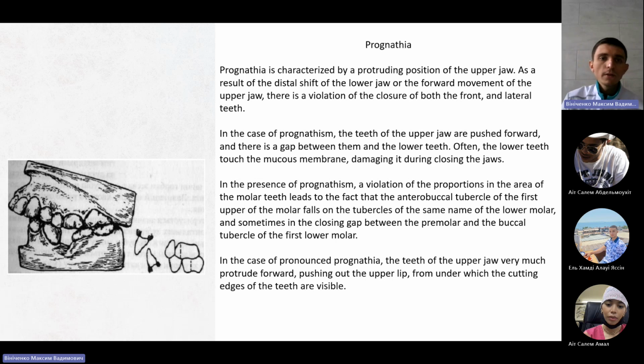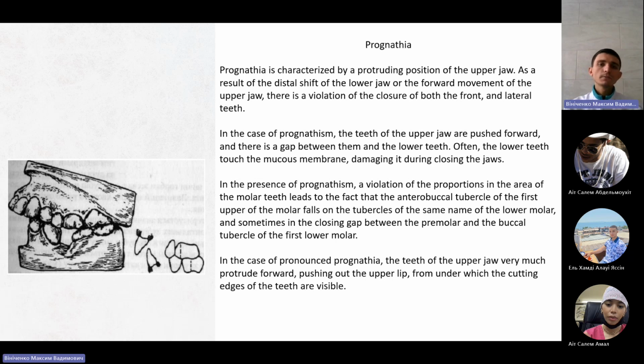In the presence of prognathism, a violation of the proportions in the area of the molar teeth leads to the anterobuccal tubercle of the first upper molar meeting the same-named tubercle of the lower molar, and sometimes closing in the gap between the premolar and the buccal tubercle of the first lower molar.